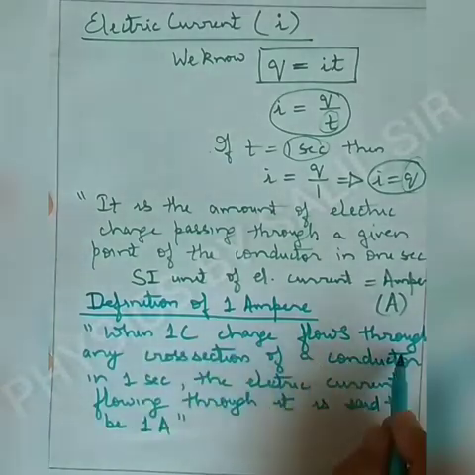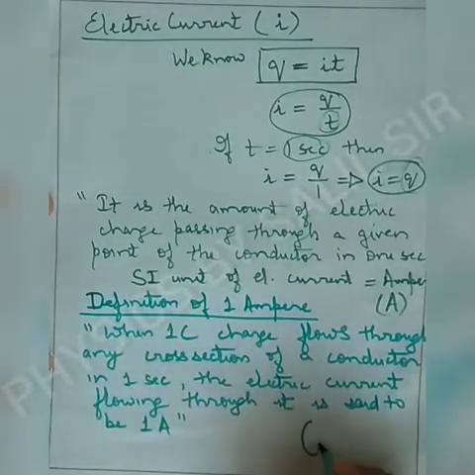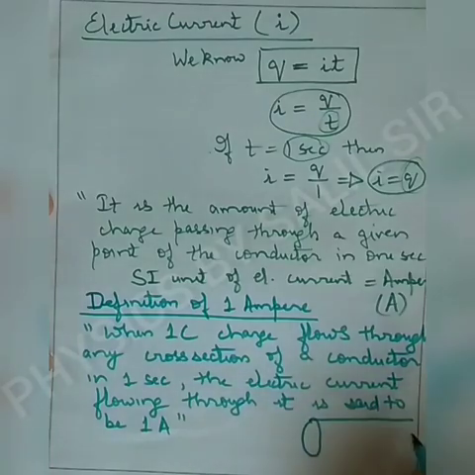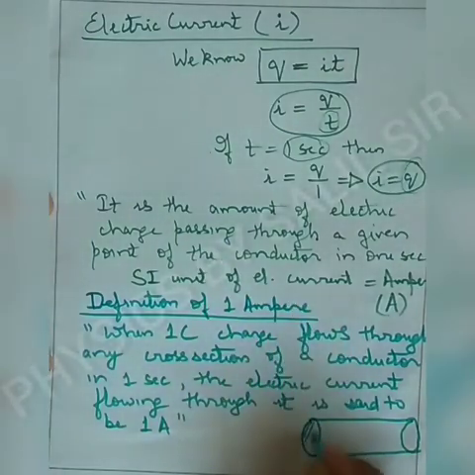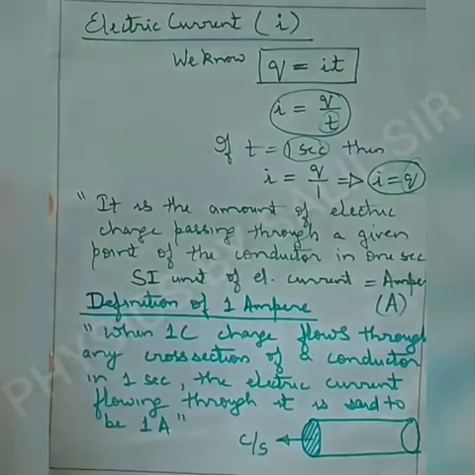When 1 coulomb charge flows through any cross section means, suppose this is the part of a wire. You know that wire is cylindrical in shape, and if we cut this wire like this, then this circular face of the wire is said to be cross section.